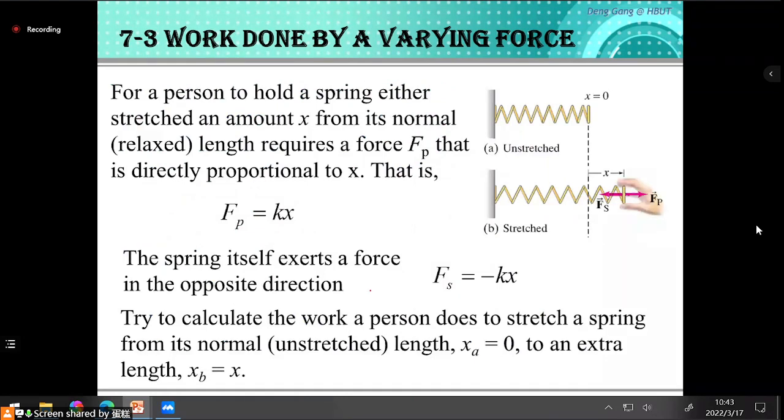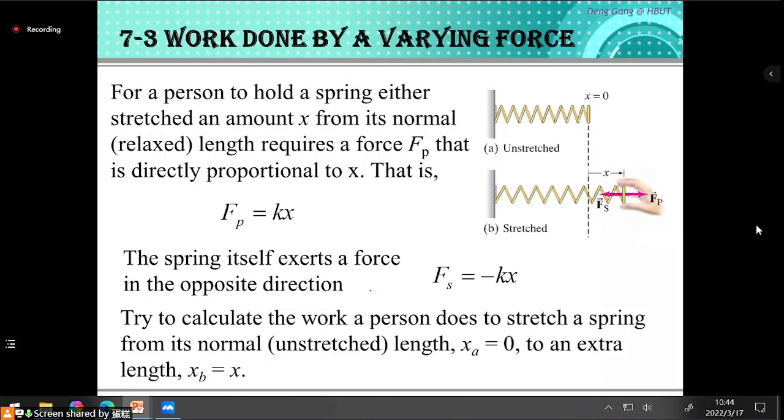Okay, so let's calculate another work which also frequently appears in this part. That's the work when you press or stretch a spring.